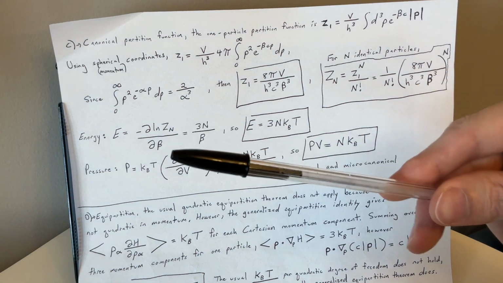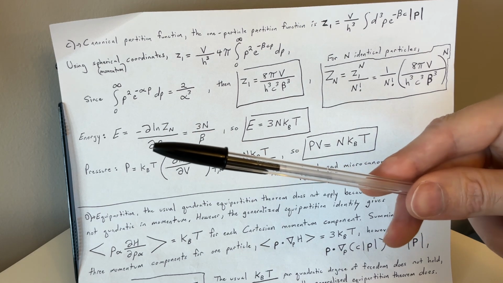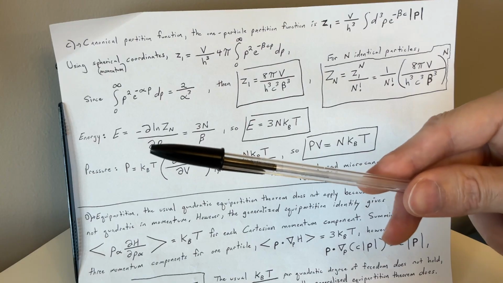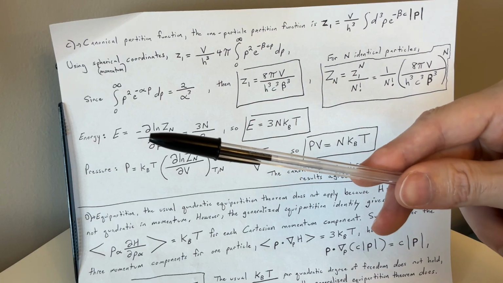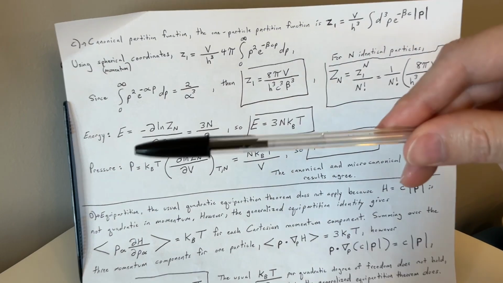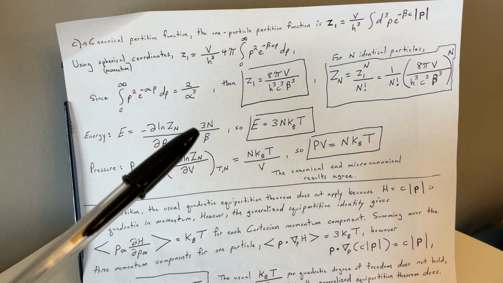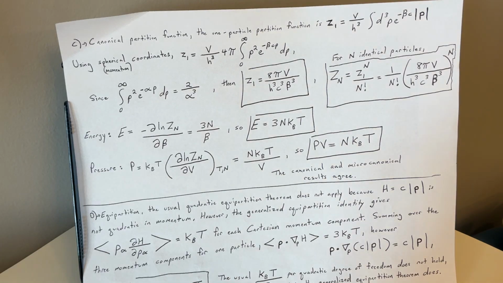So we could say our energy E is the negative partial derivative of ln Z_n with respect to beta, which equals positive 3n over beta.